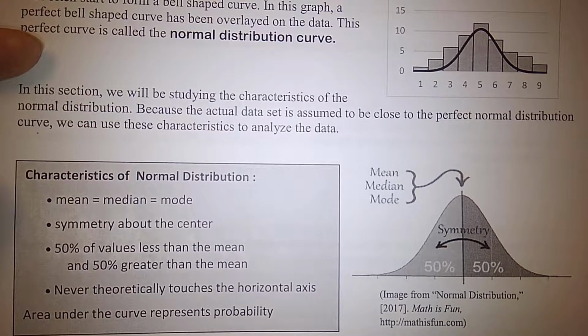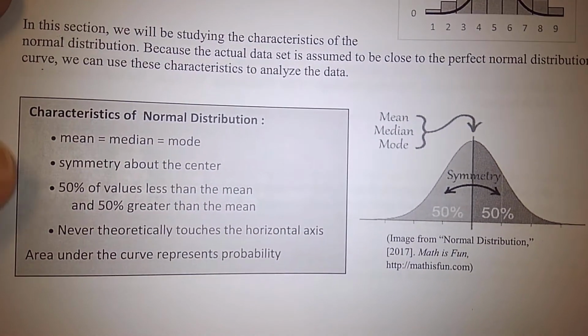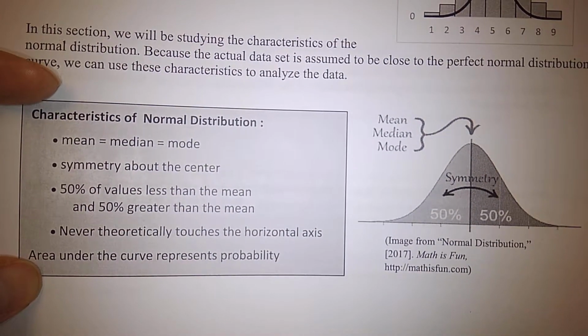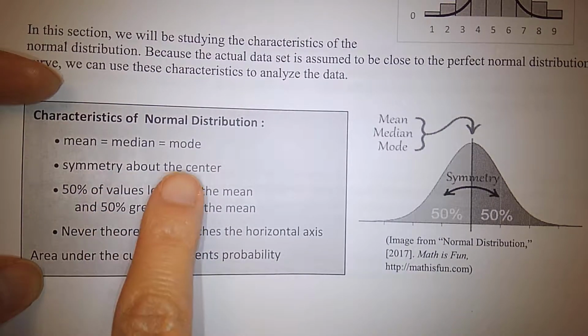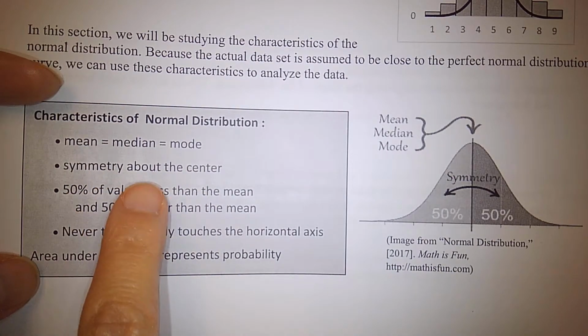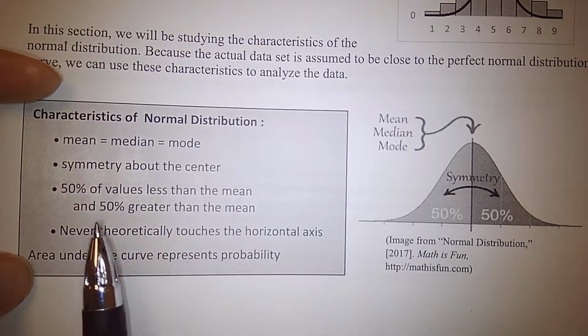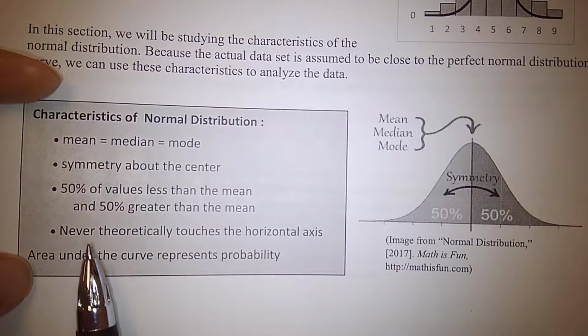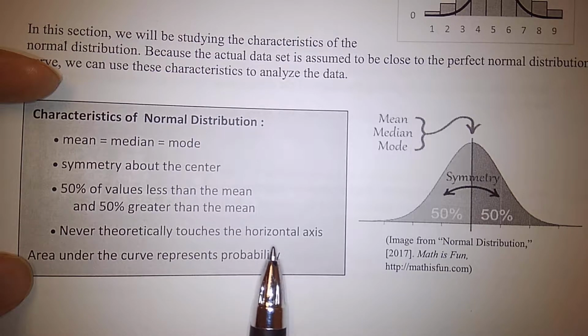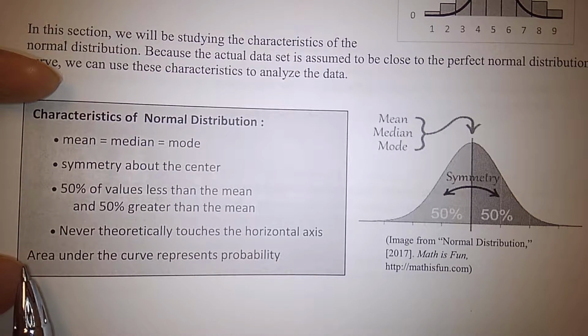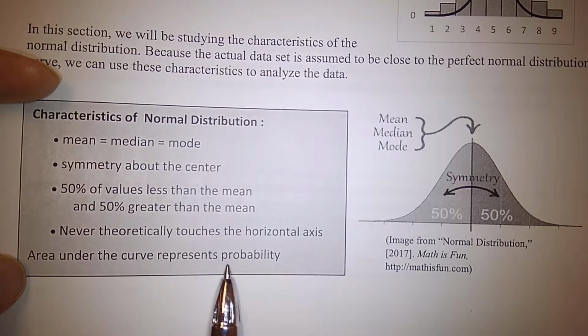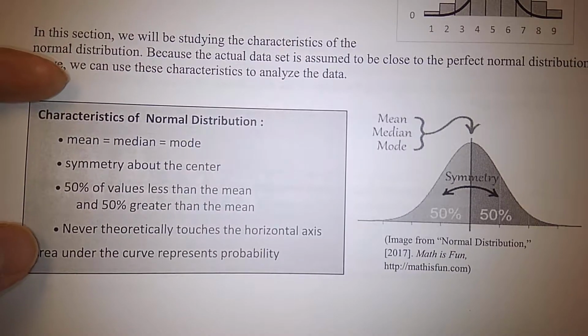Because the actual data set is assumed to be close to the perfect normal distribution curve, we can use these characteristics to analyze the data. Characteristics of normal distribution: mean equals median equals mode. Symmetry about the center. 50% of values less than the mean and 50% greater than the mean. Never theoretically touches the horizontal axis. Area under the curve represents probability. Very good.